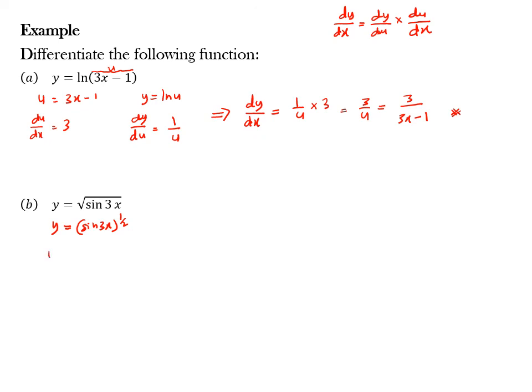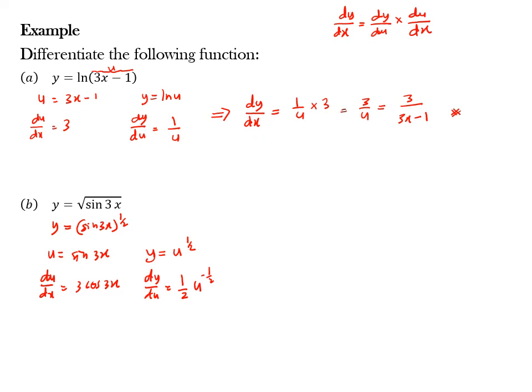Now u is equal to sine 3x, and du over dx is equal to 3 cos 3x. y in terms of u is equal to u power 1 over 2. So dy over du is equal to, we bring the power down, 1 over 2 u power 1 over 2 minus 1, which is negative 1 over 2.